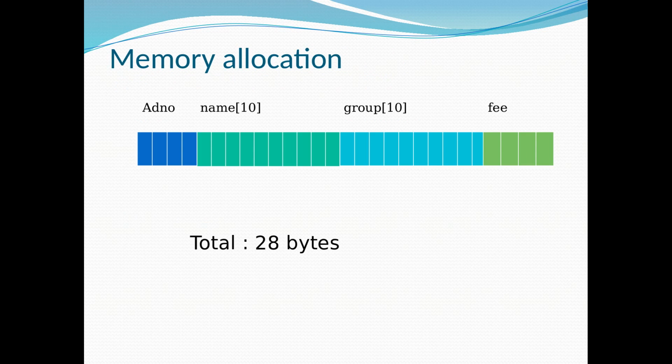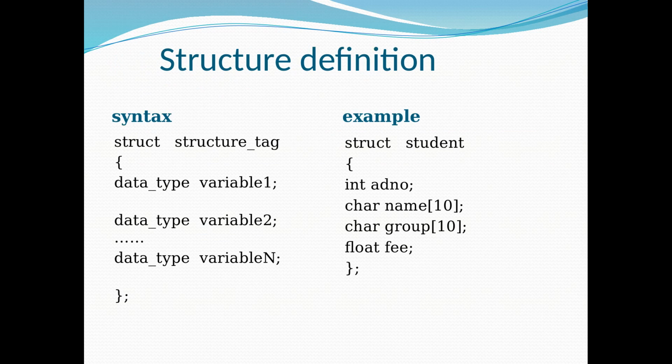Then we all know that a variable declaration statement causes memory allocation as per the size of the data type. In the case of structure, it depends upon the definition of the structure. That is, in this structure student, it contains integer type, character type and float data type. For storing admission number, it requires 4 bytes, since it is an integer.